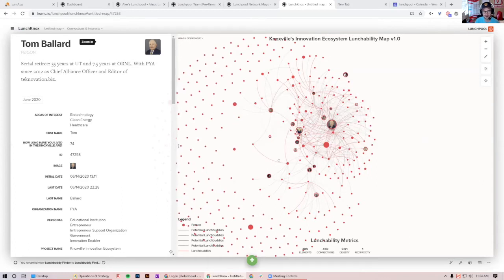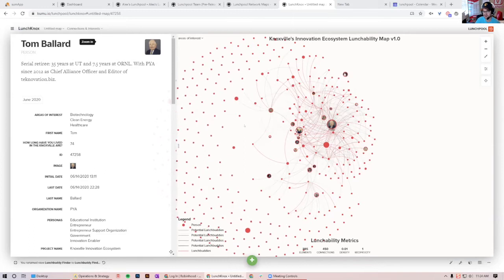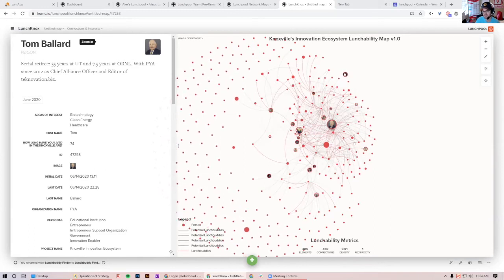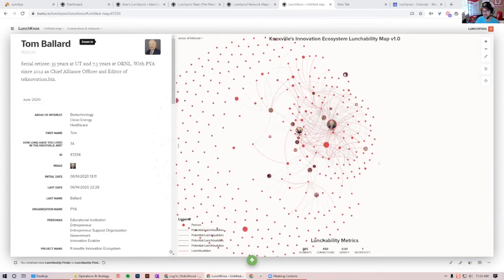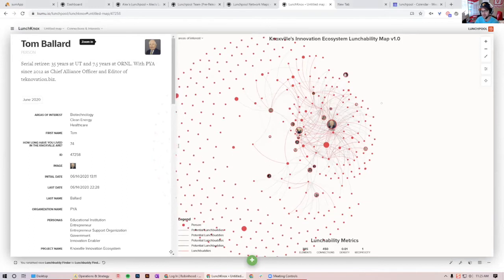There's the link. But yeah, the reason that I sparked this project in the first place was Techstars, you guys may be familiar with them. They're an organization that supports a lot of startups, accelerators, and things like that.